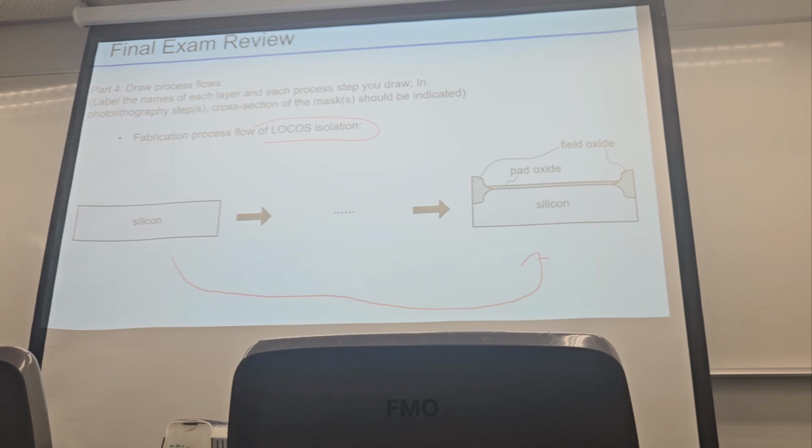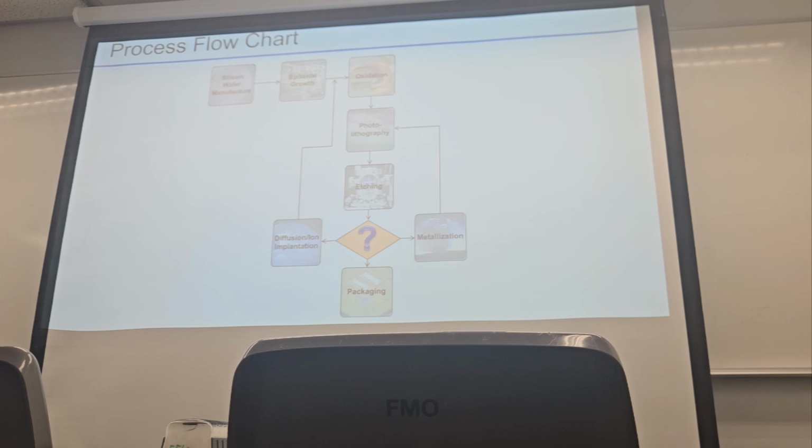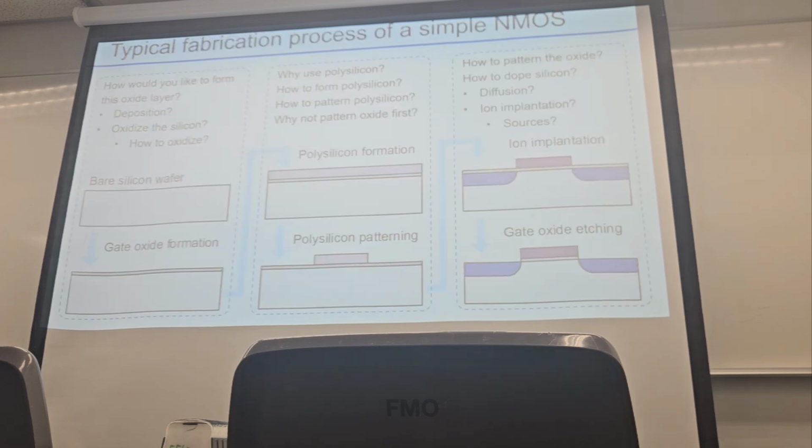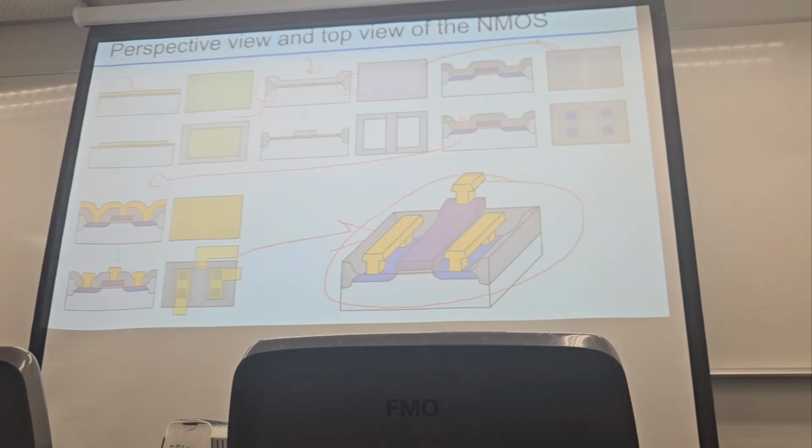Because for this question, I think the mask is 1, right? Only 1 mask is needed. It's very straightforward. Only 1 mask. And for the NMOS, I think it's around 4 to 5. Right. So for example here, this one is 4 masks.